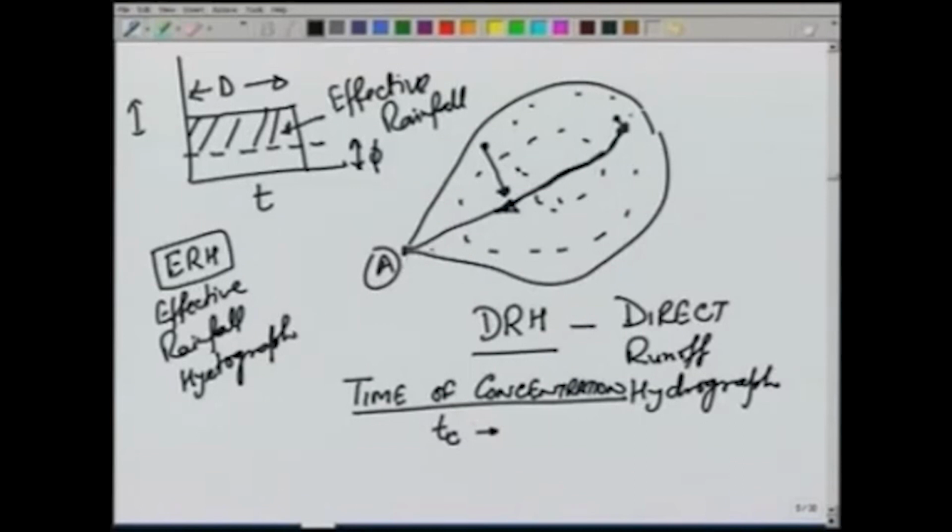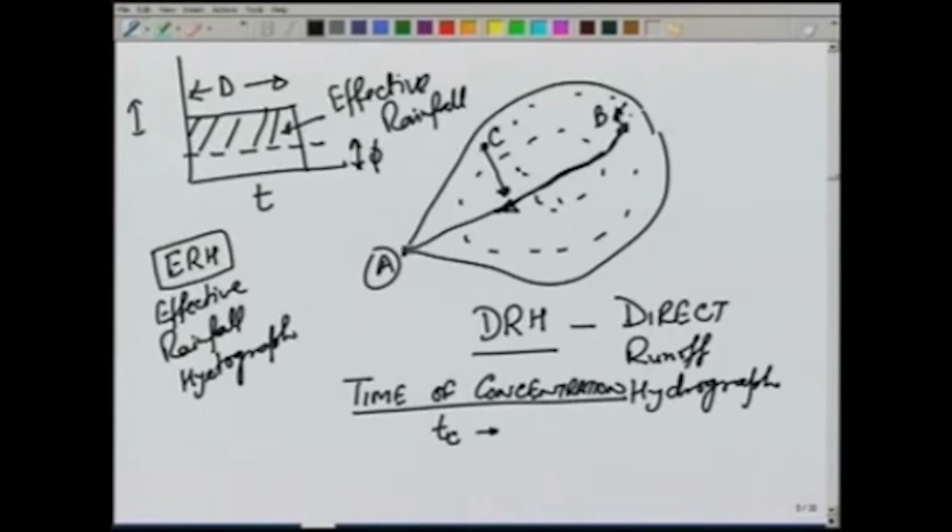Therefore, a point which is distance wise farther from the point A may reach A sooner than, let us call this point B and C. So, a raindrop falling at B will first move over the land to the river and then it will follow the river to the point A.